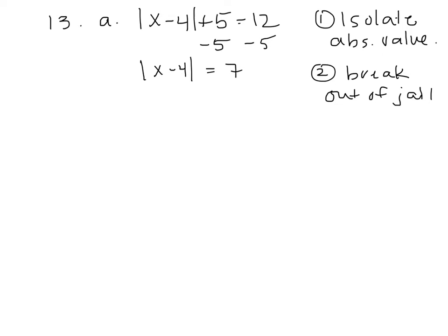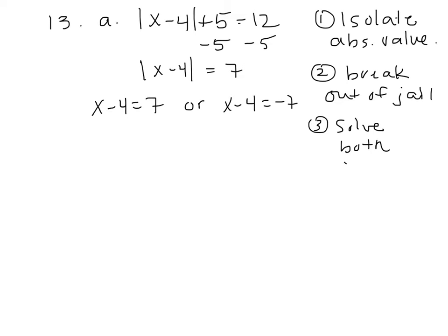So the expression x minus 4 has an absolute value of 7, which means that the actual value of x minus 4 could either be 7 or it could be negative 7. And then we solve both equations. So we get that x could either be 11 or x could be negative 3.